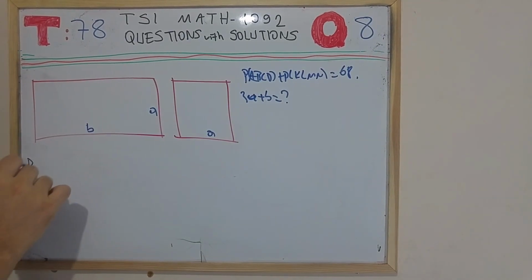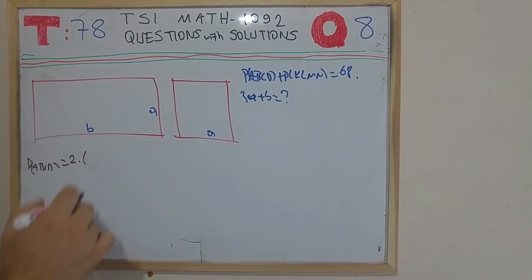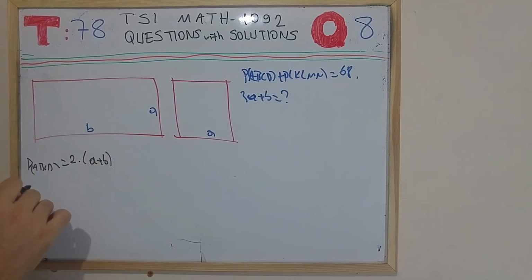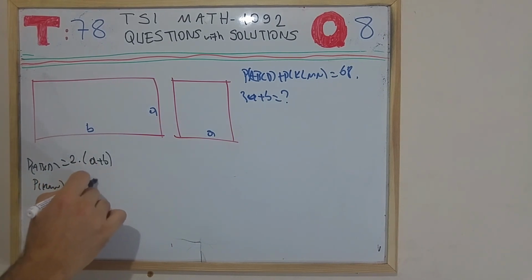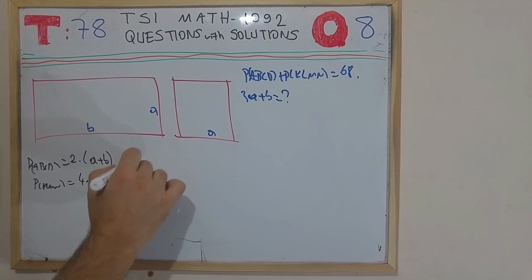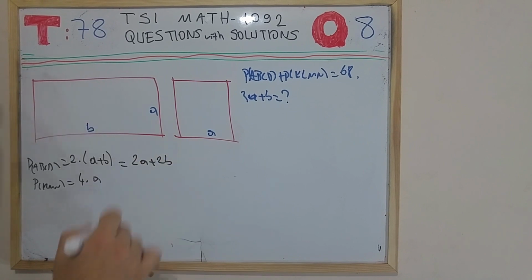The perimeter of the rectangle is equal to 2 times the sum of the sides, and the perimeter of the square is equal to 4 times a side. So what we have here is 2a plus 2b, and what we have here is 4a.